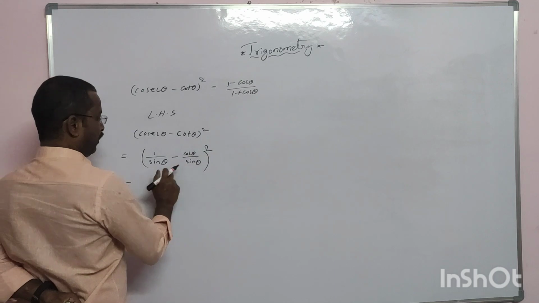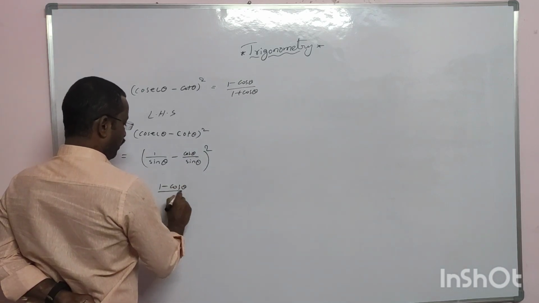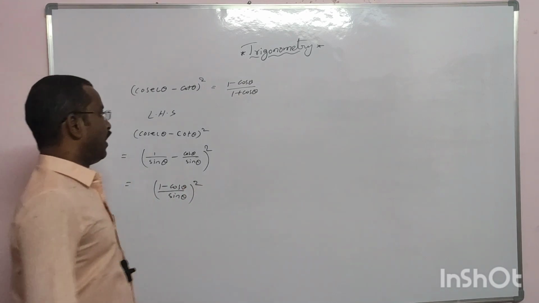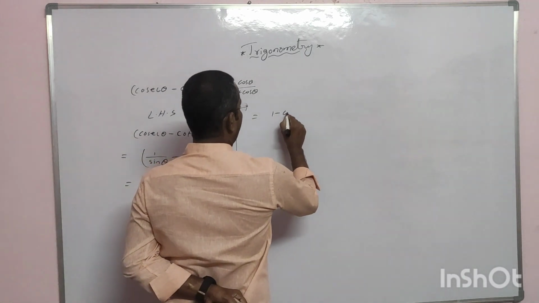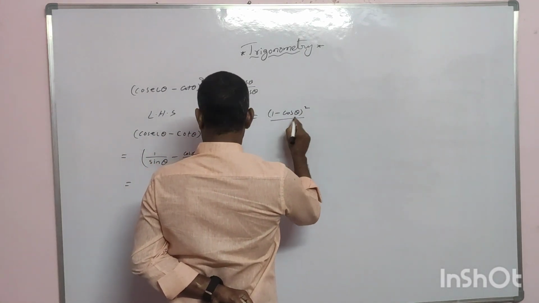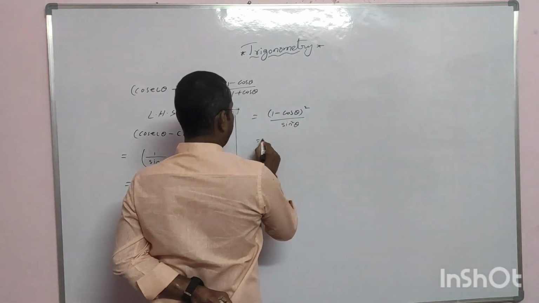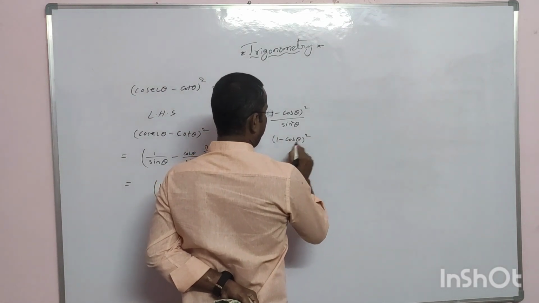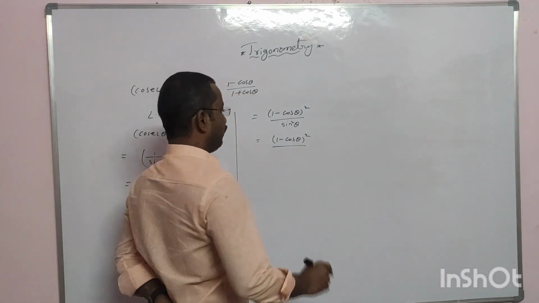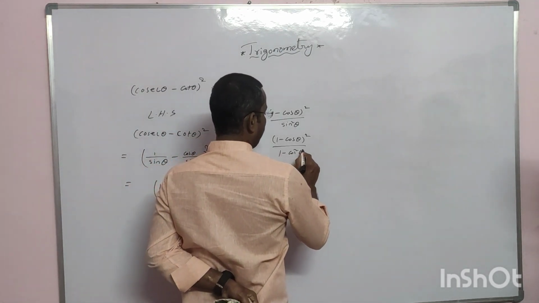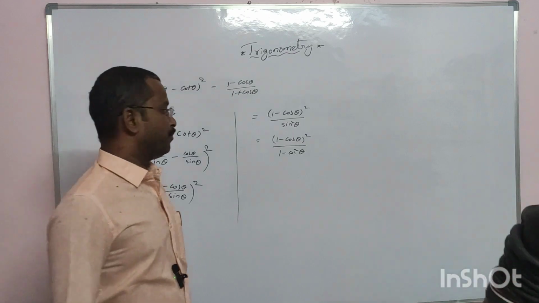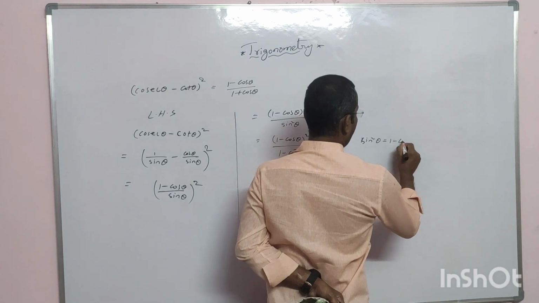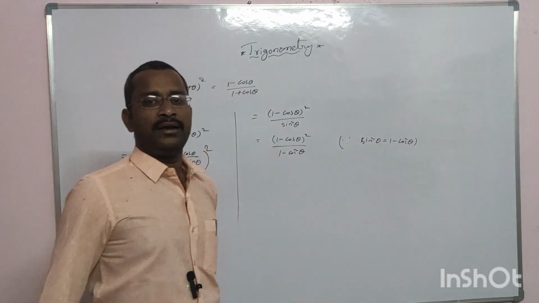Now in the bracket the denominator is the same, so you can write it as 1 minus cos theta by sin theta whole square. Next, you try to open it: 1 minus cos theta whole square by sin square theta. Sin square theta you can write as 1 minus cos square theta, since sin square theta is equal to 1 minus cos square theta.